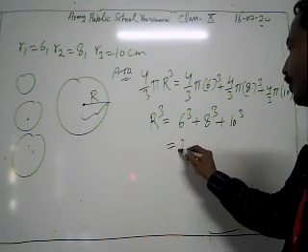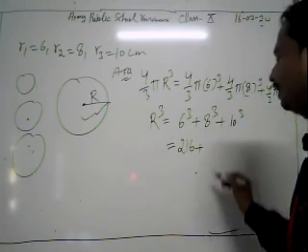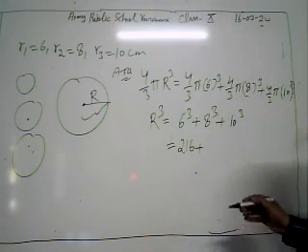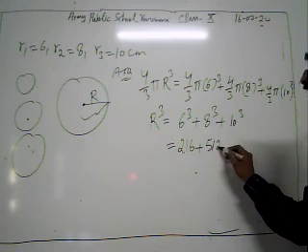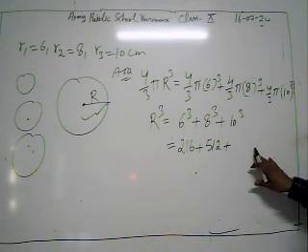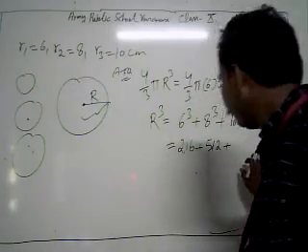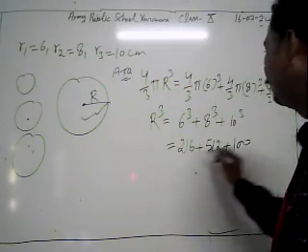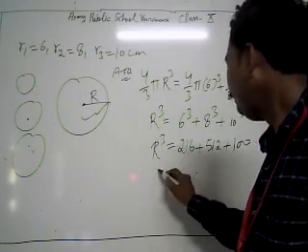The value of 6 cube is 216. The value of 8 cube is 512. And 10 cube is 1000. Sorry, one silly mistake I made.